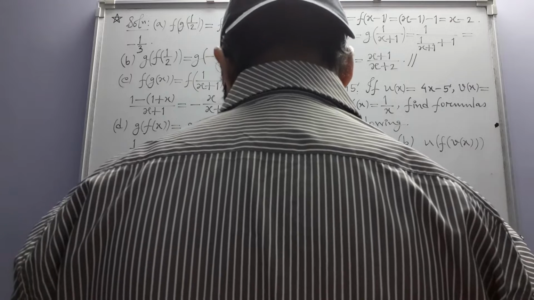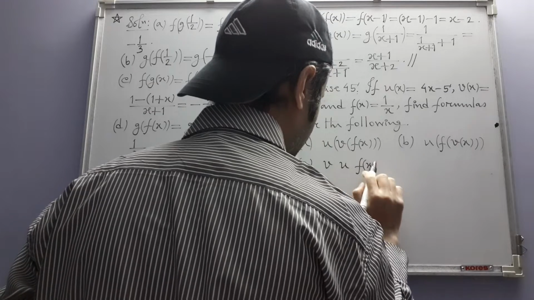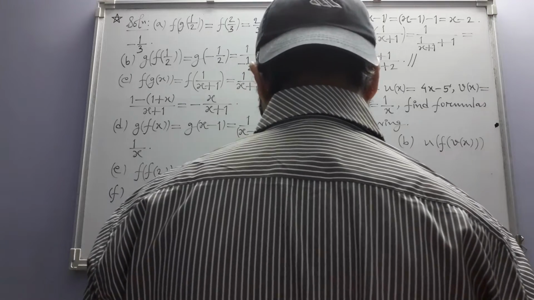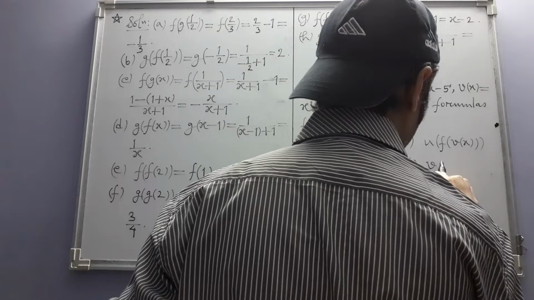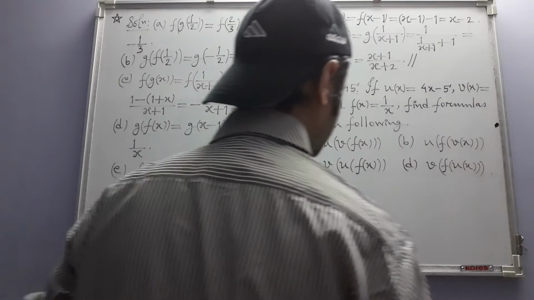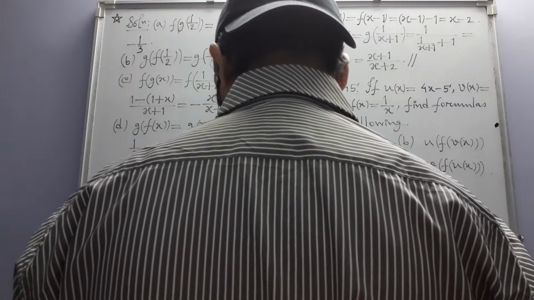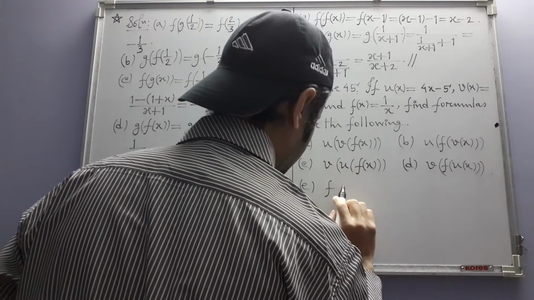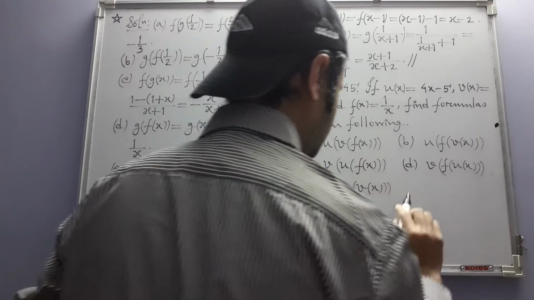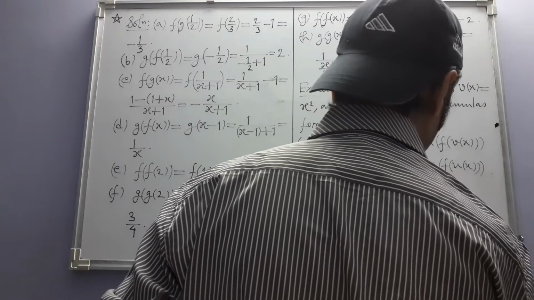C, phi u f. Then D, v f u. E, f u v. And f v u.